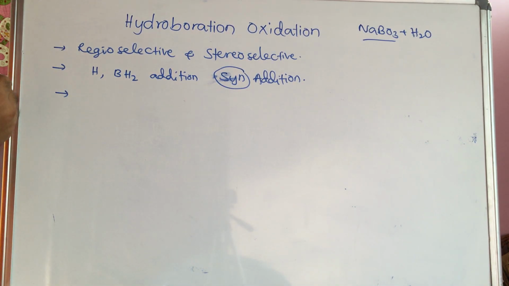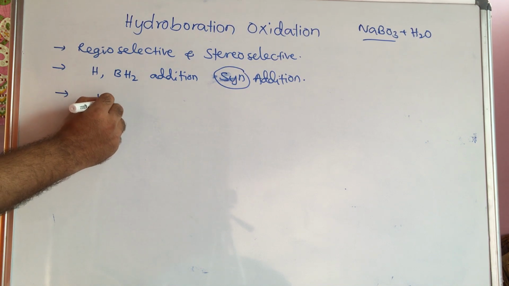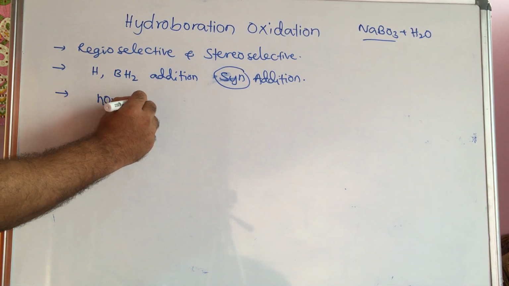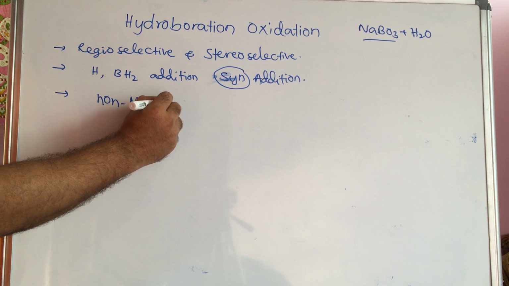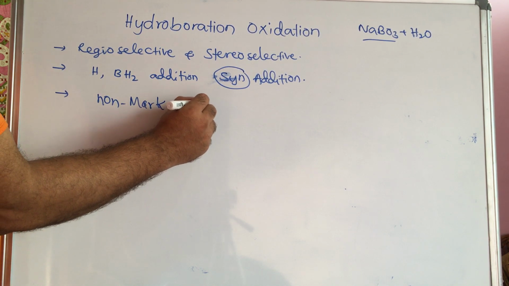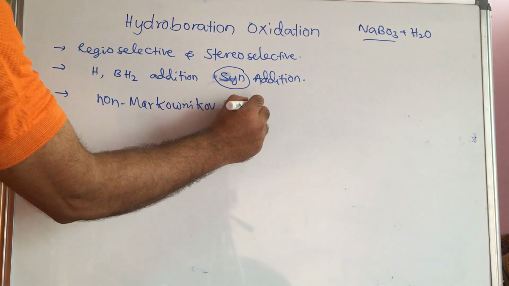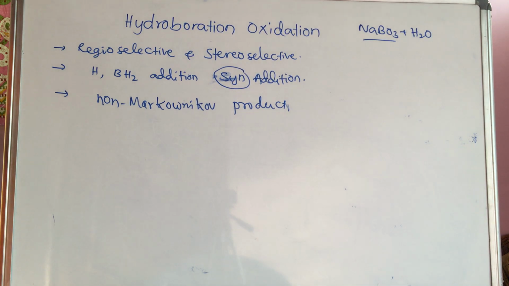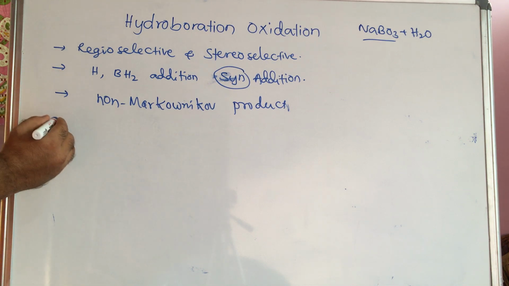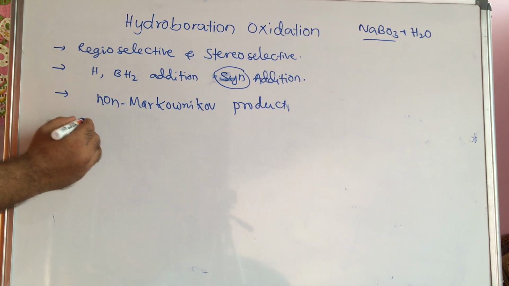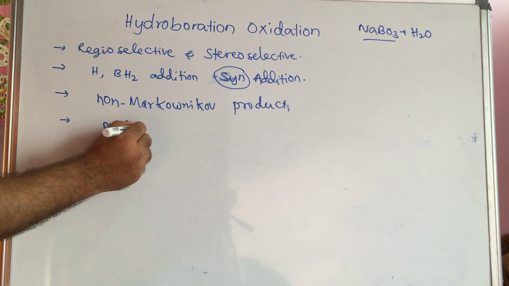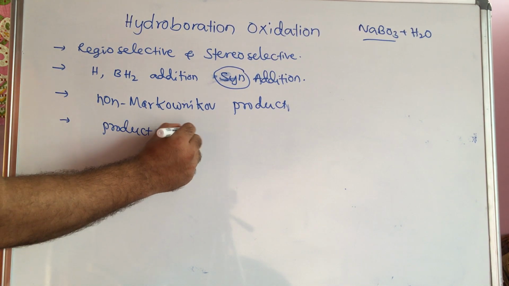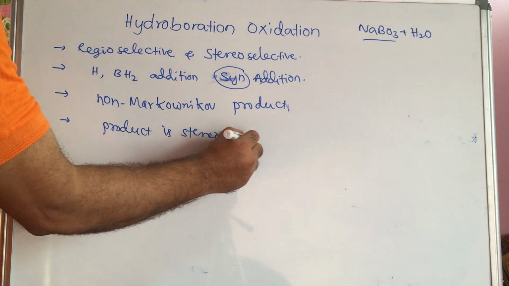Next one, this will be non-Markovnikov products. Somebody will say anti-Markovnikov products. Instead of saying anti-Markovnikov product, we have to use non-Markovnikov products. And the product is stereospecific.